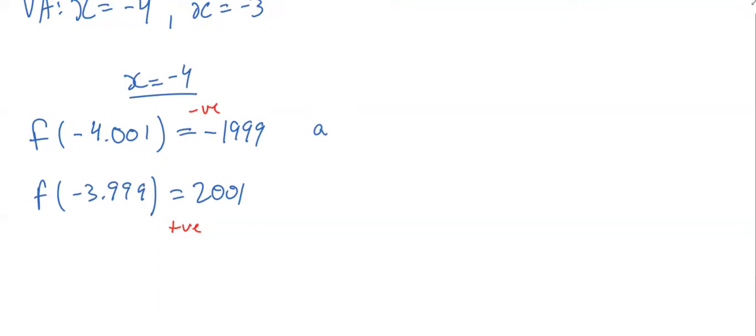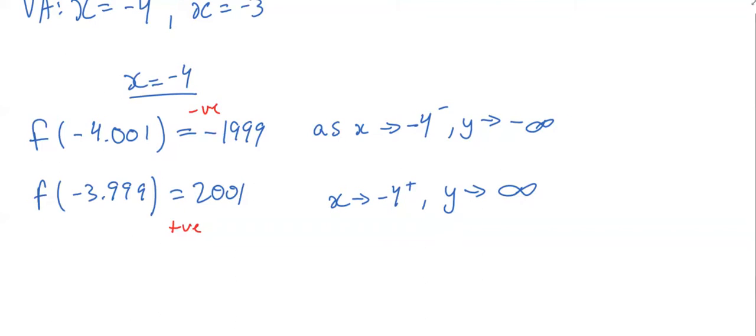So as x approaches negative 4 from the left, y goes to negative infinity. And as x approaches negative 4 from the right, y goes to positive infinity. You could just write negative or positive in that case. Yes, that's fine with me.